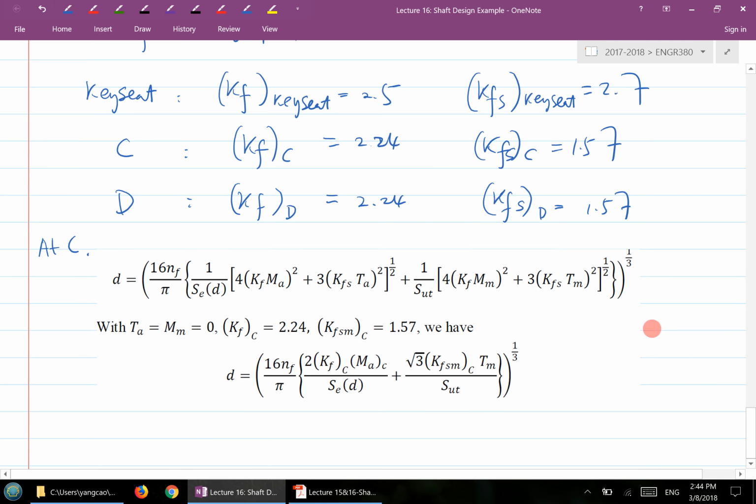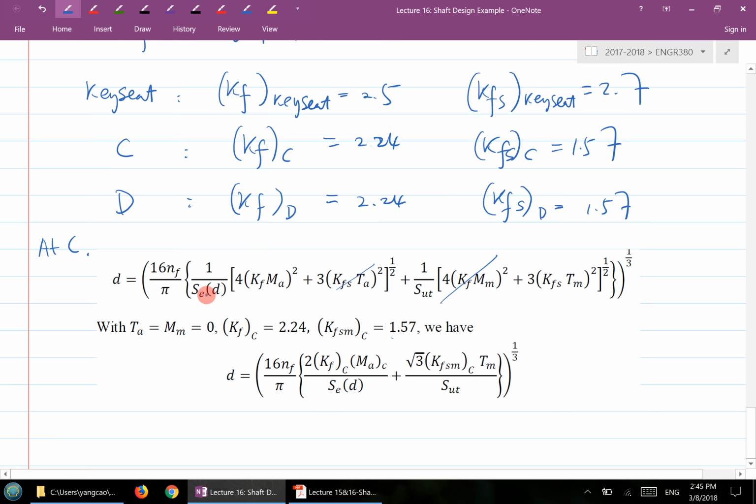So for example, this is the general DE Goodman. At the C location, we know that TA is 0 and MM is 0, so this term is gone, and this term is gone. We have our KF and KFS calculated, so we can substitute over here.